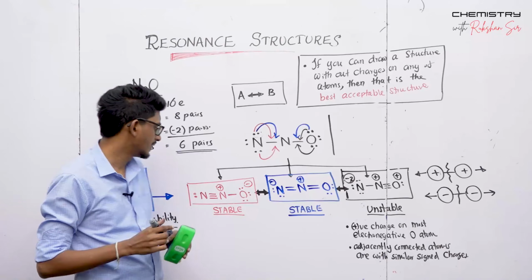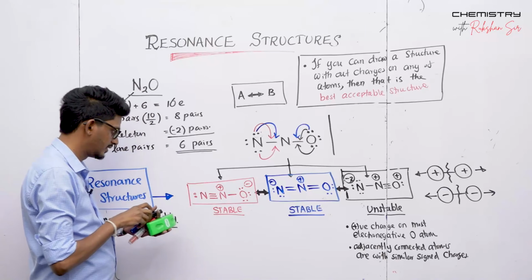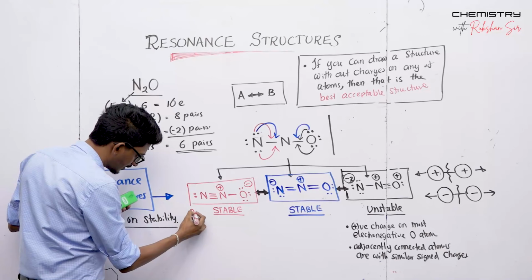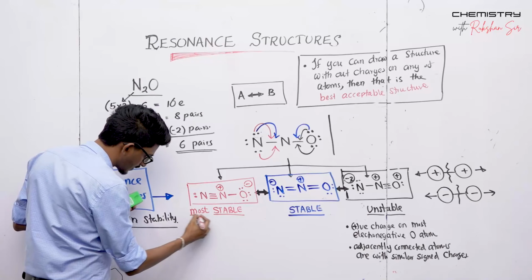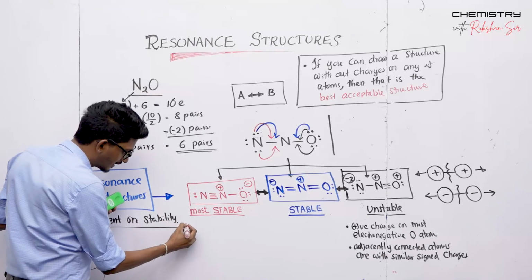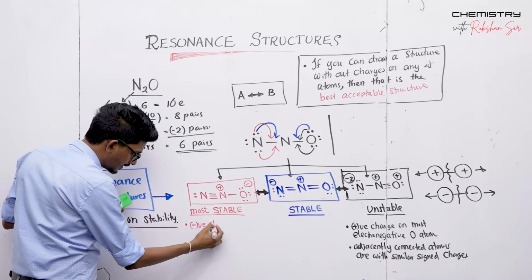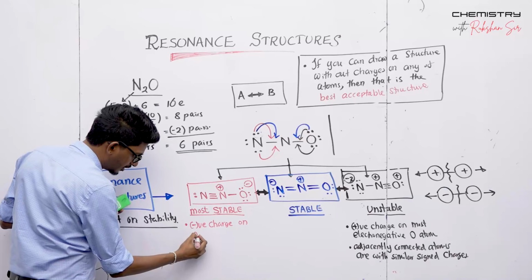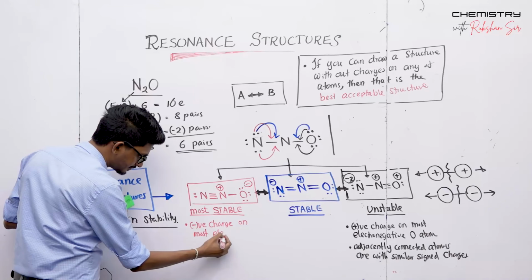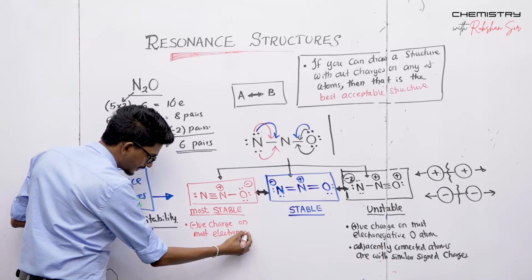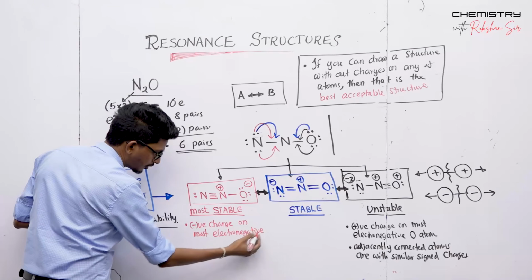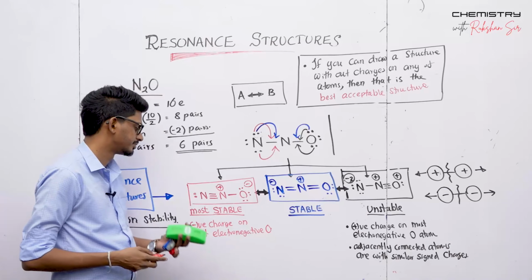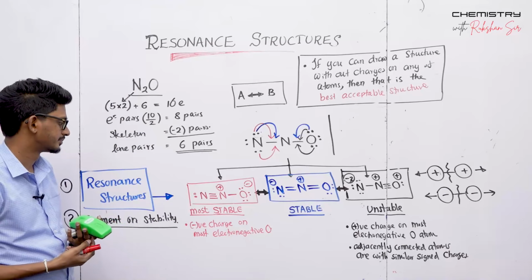So here such a structure is there. We can say this one is more stable as you have a negative charge on the more electronegative atom, oxygen. So that is one reason to become more stable.